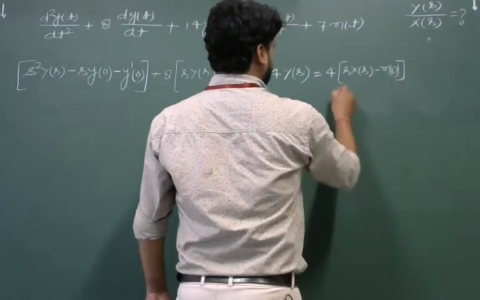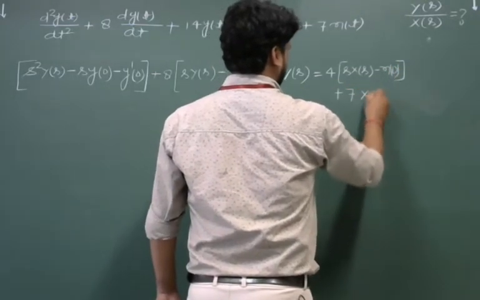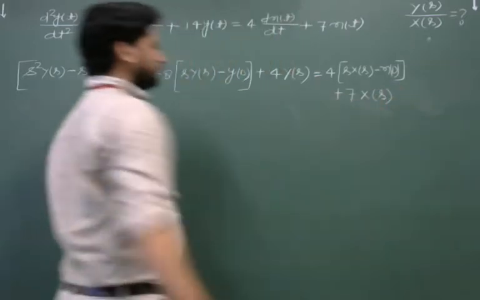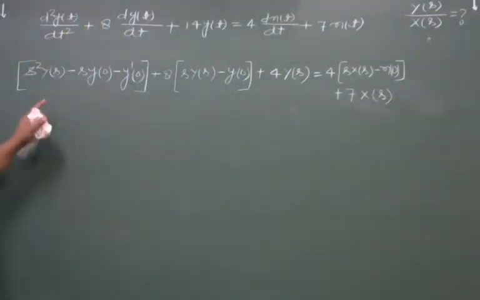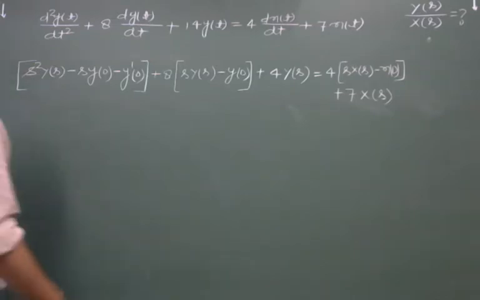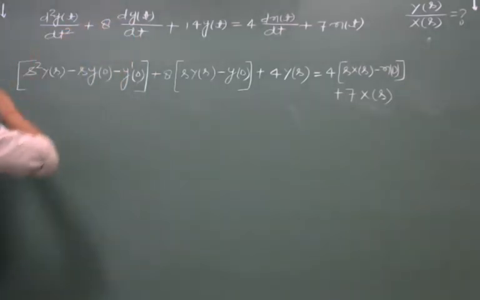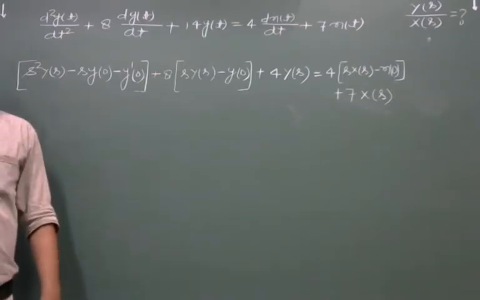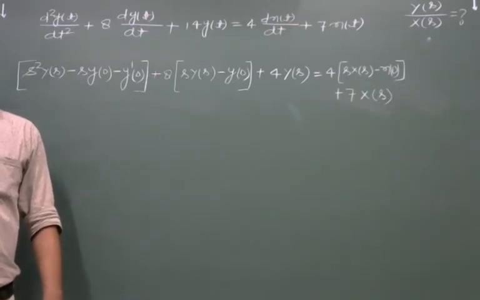plus 7 X(s). This is how we can apply the time differentiation property of the Laplace transform for a differential equation. Because initial conditions are not given in the question itself, by default we have to take all the initial conditions as 0.